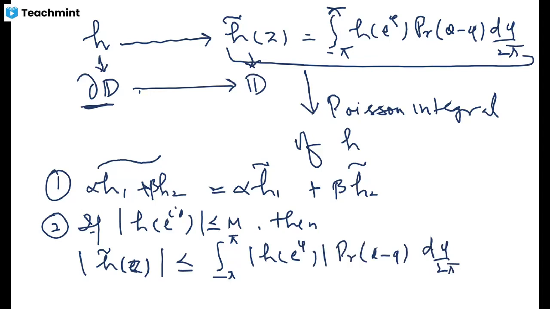Since mod h is less than or equal to M, what is left is the integral of the Poisson kernel, and that integral is 1. So this is bounded by the same M. This is what I used in proving this uniqueness theorem. So this is all we had about the Poisson integral.